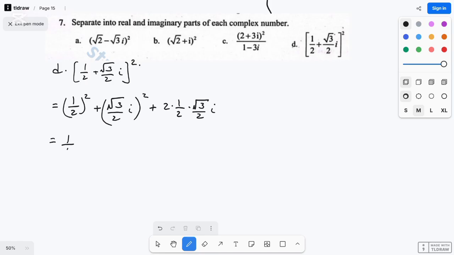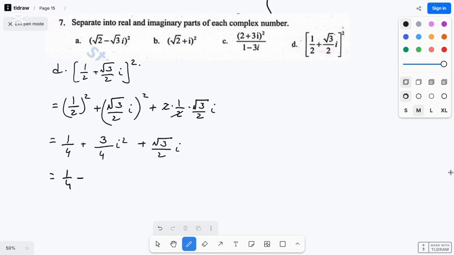Solving the square, 1 by 4 plus under root 3 squared is 3, 2 squared is 4, iota squared, plus 2, the 2 gets cancelled, and this is under root 3 by 2 iota.